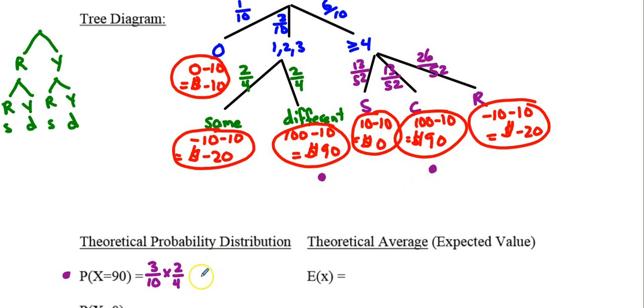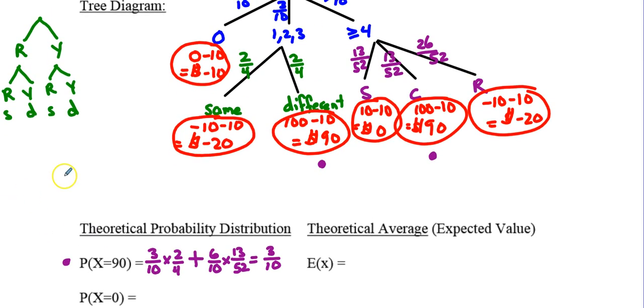But you have another case, so that is OR. So it's always OR, which means plus in between 2 different cases. The other way that you could win $90 is to roll a 4 or more, which is probability of 6 over 10, and draw a club from the deck of cards, which is 13 over 52. And that works out to 3 over 10 in lowest terms.